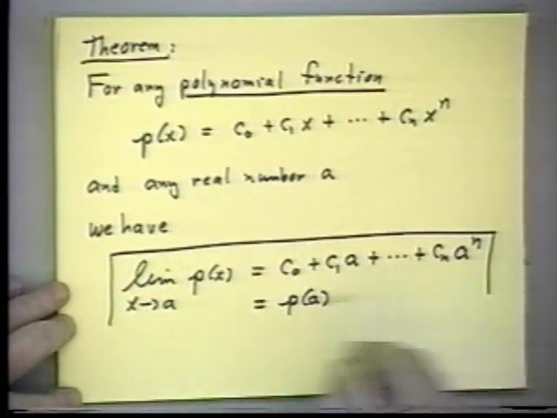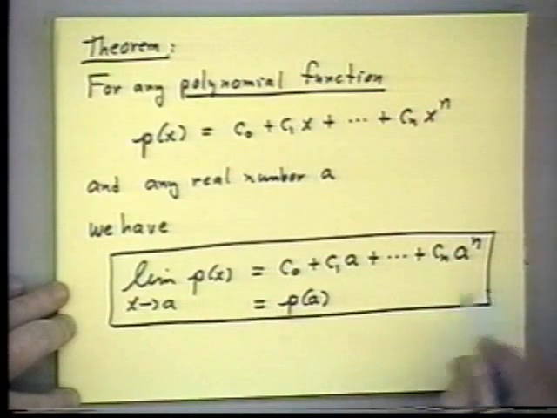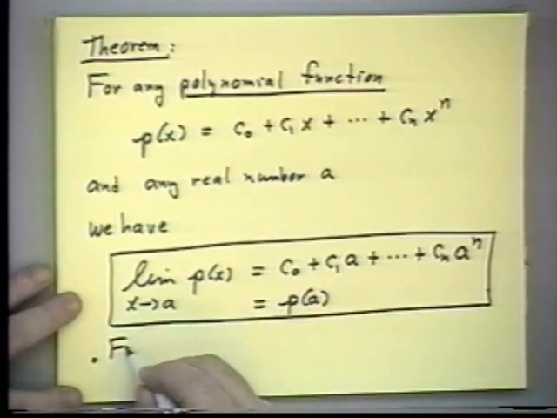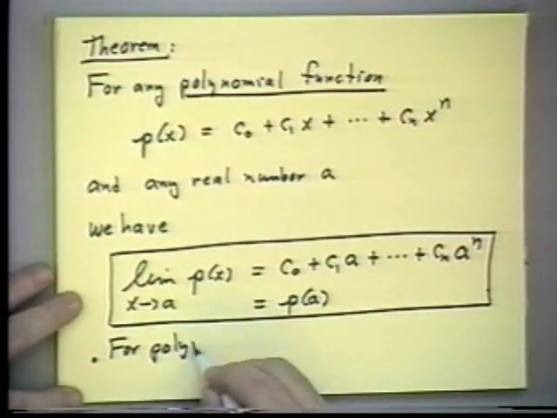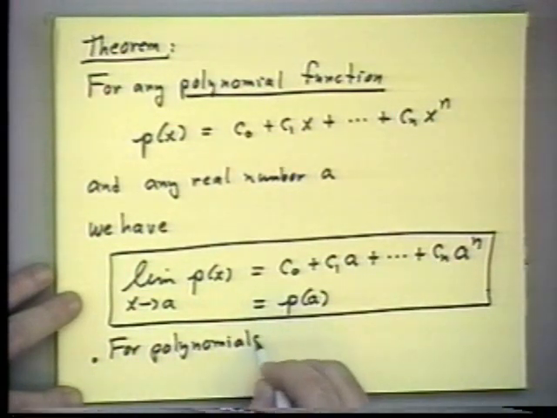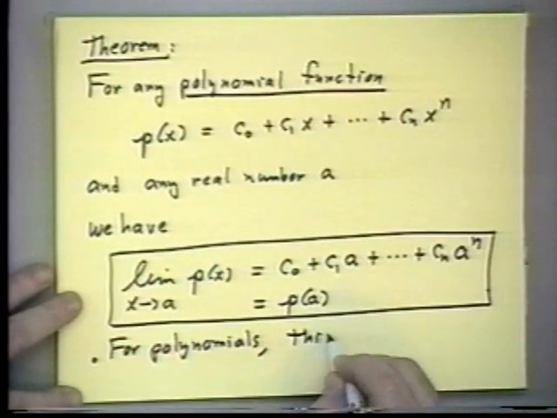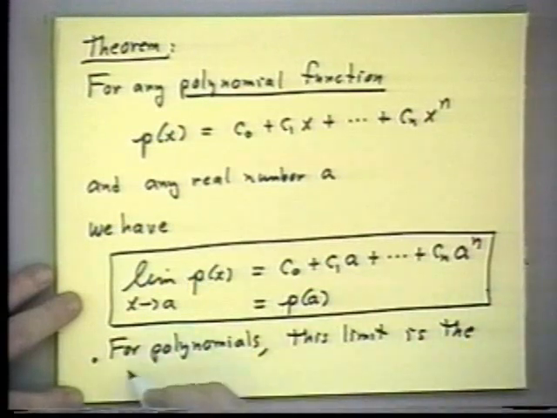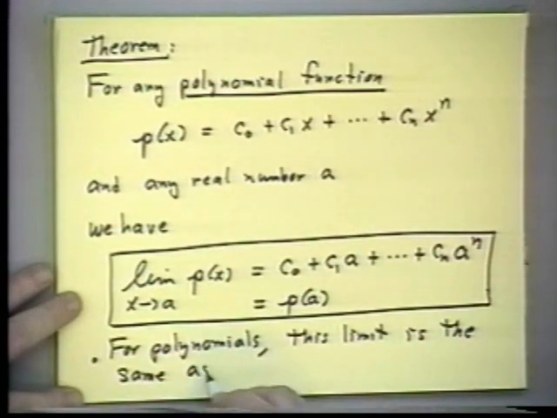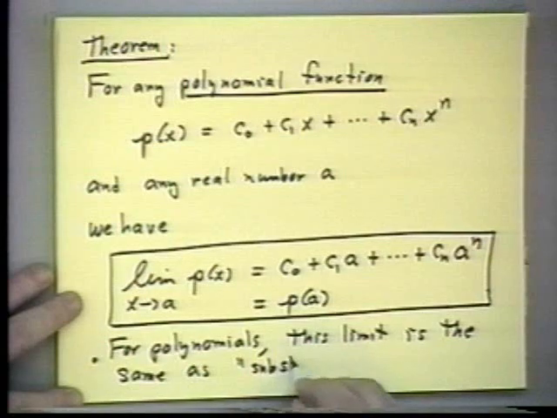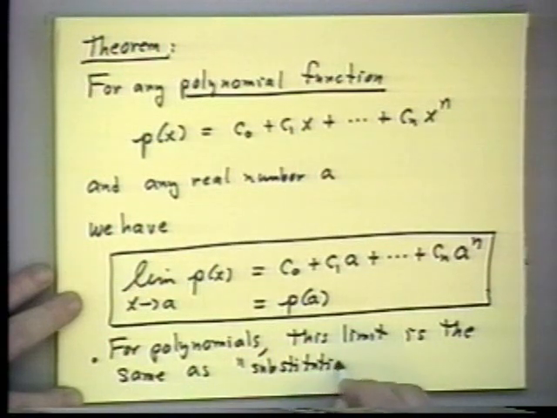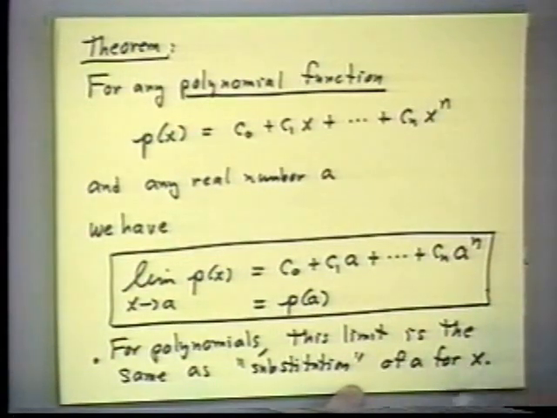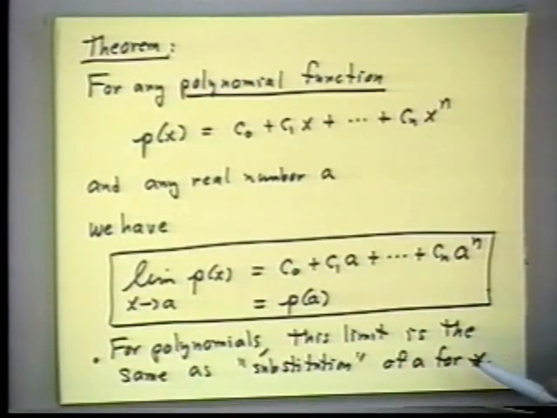This is a very, very useful fact, and one that's worth mentioning carefully. Notice, for polynomials, or polynomial functions, this limit is the same thing as substitution. Substitution of a for x.